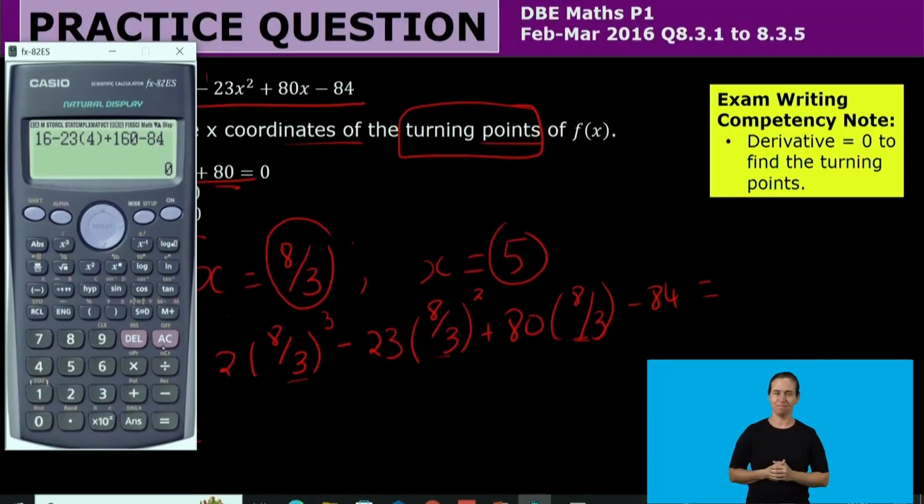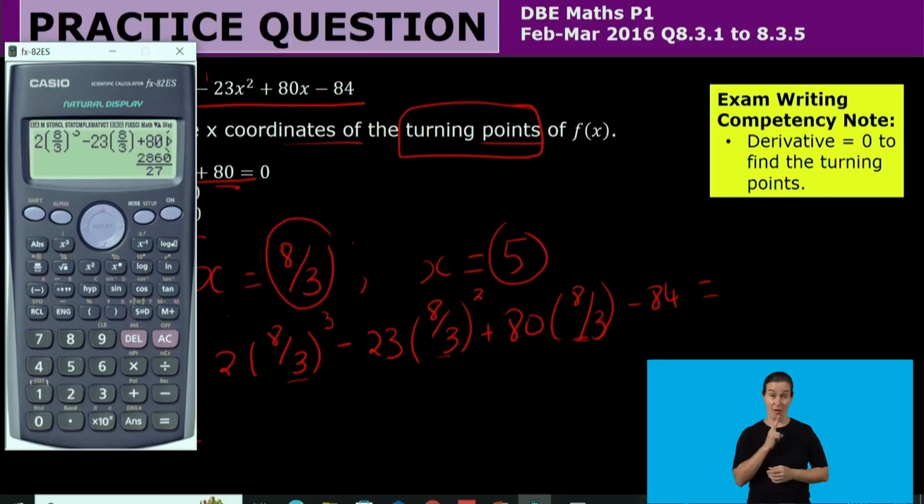So we've got 2 times 8 over 3 cubed minus 23 times 8 over 3 plus 80 times 8 over 3. And of course, you can double check my working as well. And minus 84.